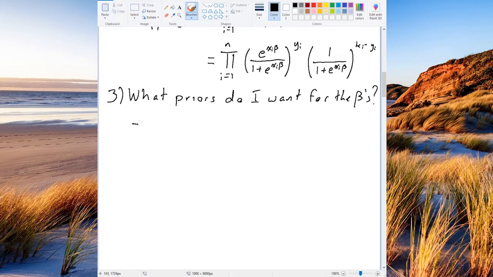Let's think about what happens if I use improper reference priors. Doing this on the betas.